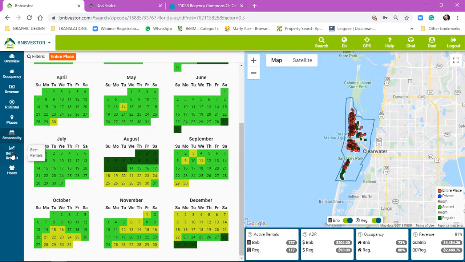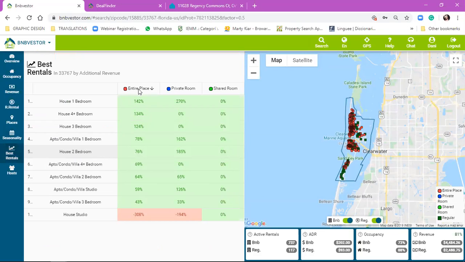What's the best property to rent in this area? For the entire place, a house of 1 bedroom will give you the highest additional revenue. Then you have a house of 4 or more bedrooms, and a house of 3 bedrooms will still give you a decent additional revenue. But if you notice, basically almost all will give you a very stable and very good additional revenue, okay?